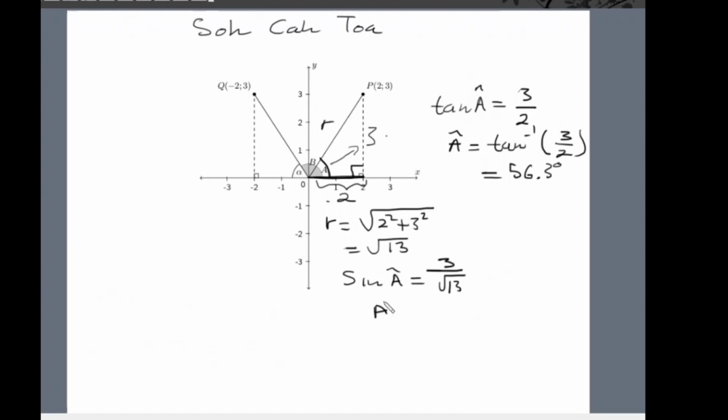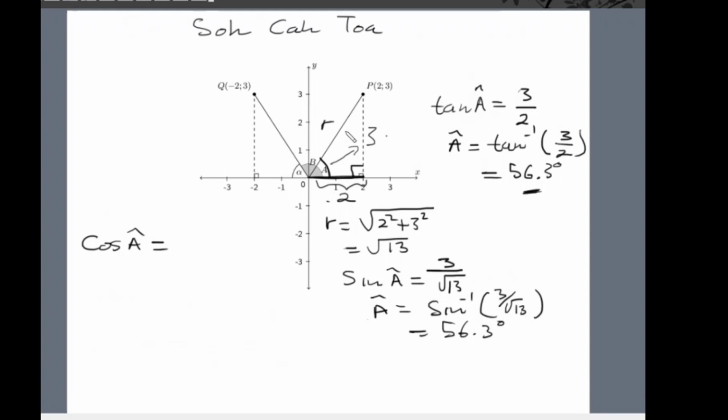Now when you want to calculate the value of this angle using sine, you press shift sine in your calculator with 3 over the square root of 13, and you should get the same answer as we did before. The value of angle A is still 56.3 degrees.